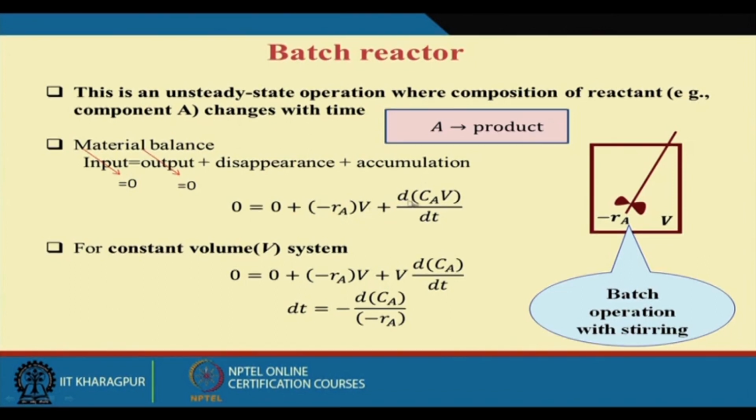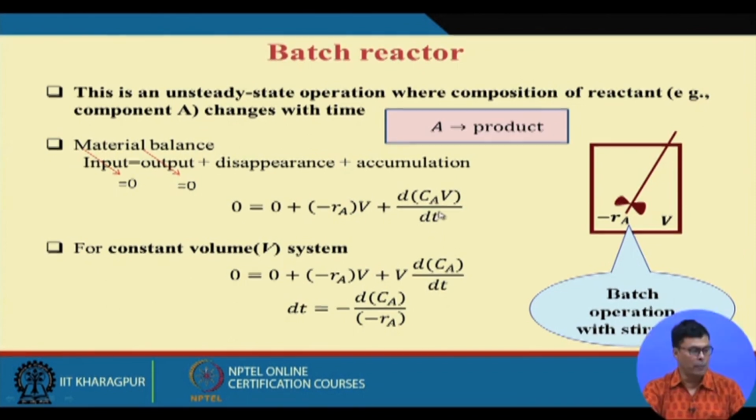Now this is d(CA V) by dt. This is the rate of accumulation of A that is taking place in the system, that is, with respect to time how much accumulation takes place. Now for constant volume, if we assume V to be constant, liquid volume is constant, then we can have this equation: dt equals dCA by minus RA.